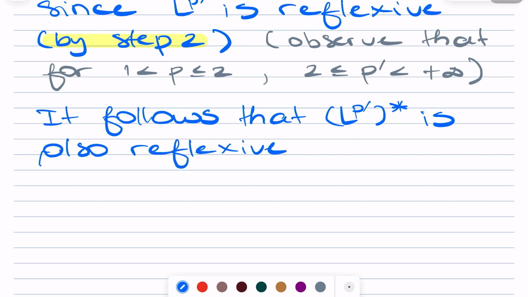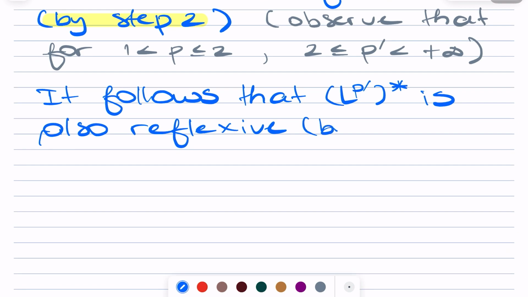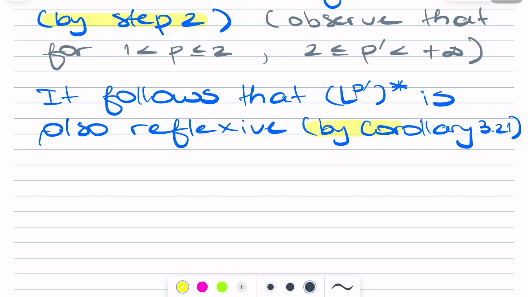This is by corollary, I think it was 3.21. Check that out, it was on reflexive spaces. A Banach space is reflexive if and only if its dual space is reflexive. So since L^p' is reflexive, the dual is also reflexive, and then we conclude.